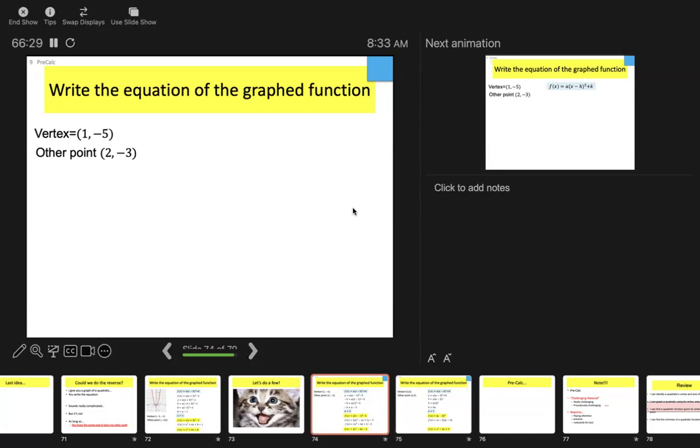Okay, so f of x equals a times x minus 1 squared plus negative 5. How about negative 5, which also works too. Okay, now what?